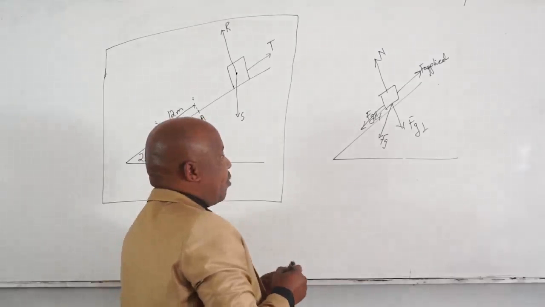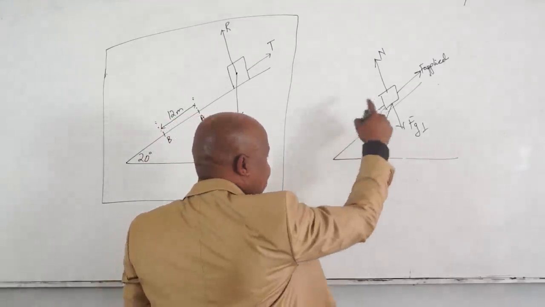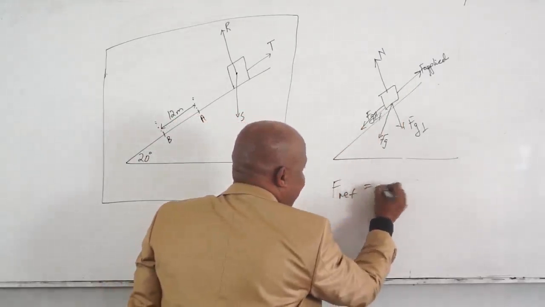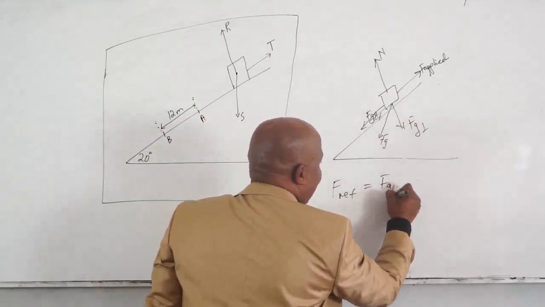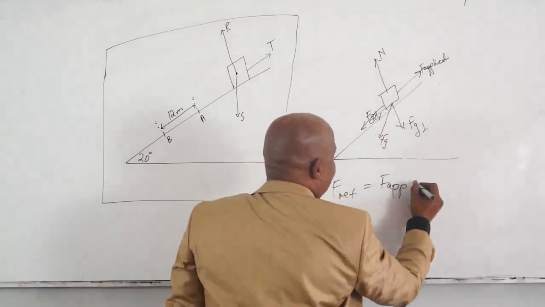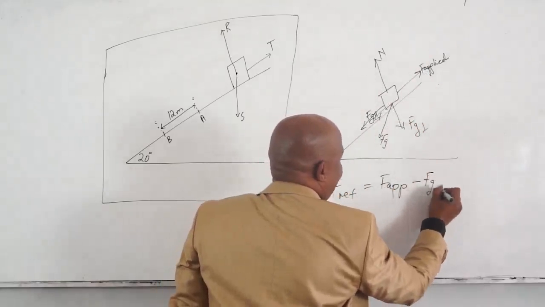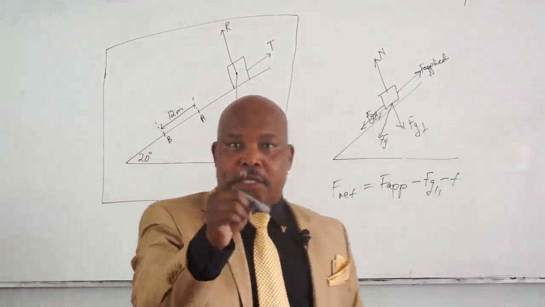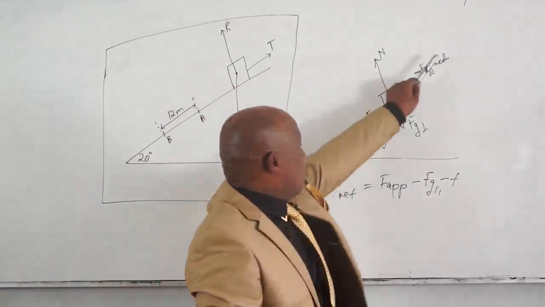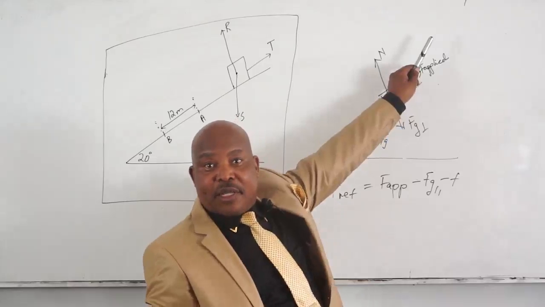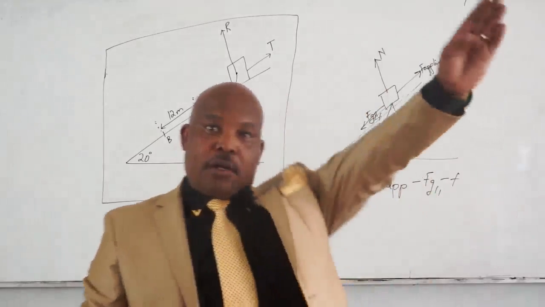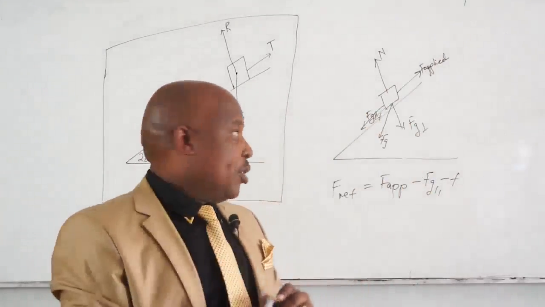But let me remind you something again. If I want the F net, if this is moving at constant velocity, it will be F applied, which is going up, minus FG parallel, minus frictional force. Why these two are minus is because this thing is going up, which is positive in the direction of the motion. Remember, every time going in the direction of motion is positive.